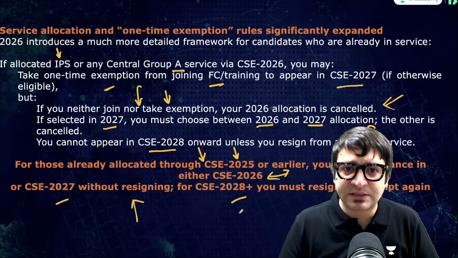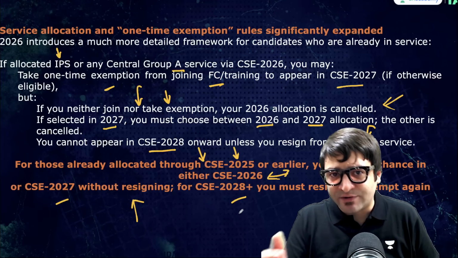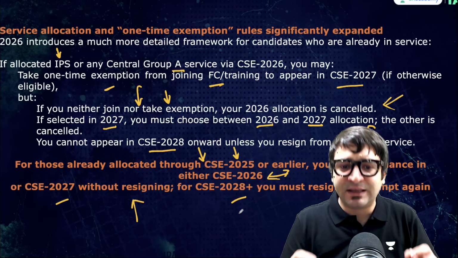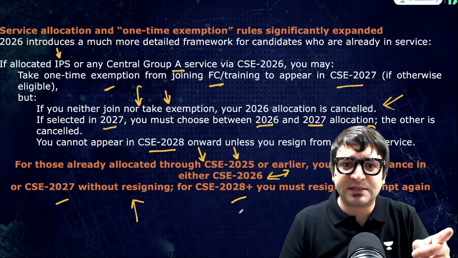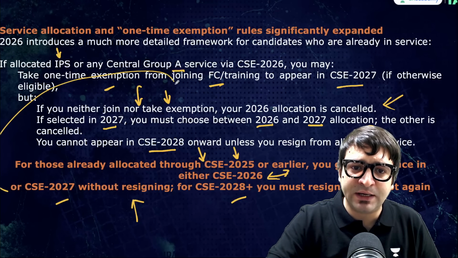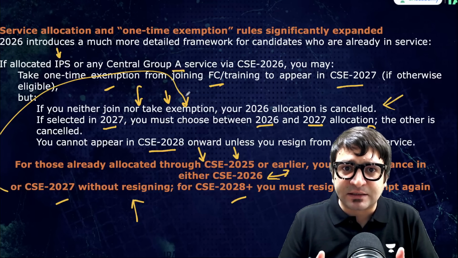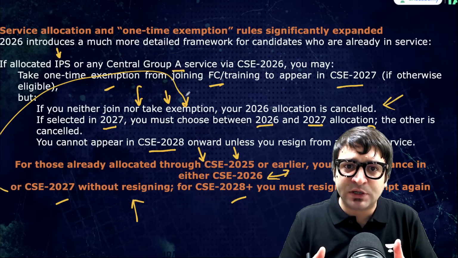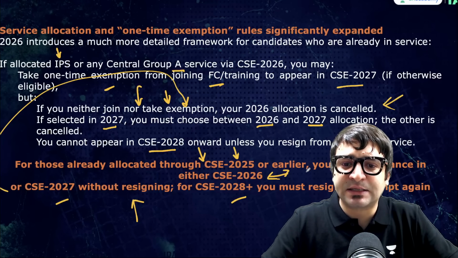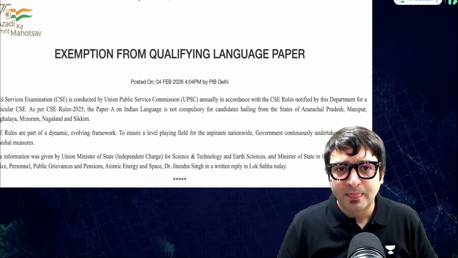So we have seen instances of IPS officers already in the service, but then reappearing in the examination. You may be provided one-time exemption to either appear in CSE 2026 or 2027, but you should not join the foundational course. And later in 2028 onwards, if you want to appear in the examination, you cannot unless and until you resign and then attempt the exam again.